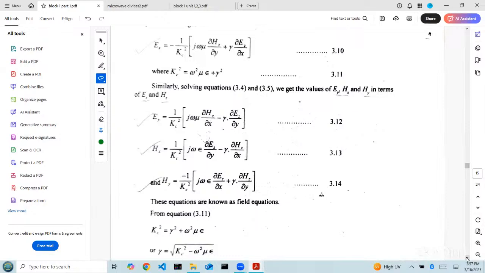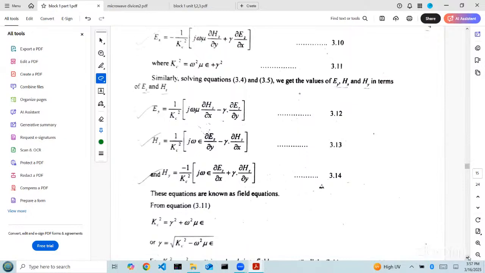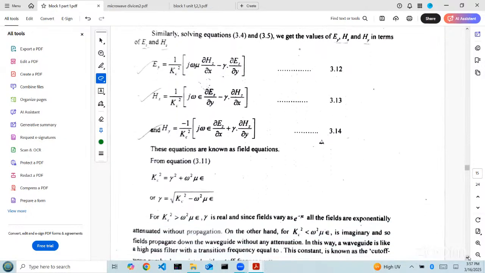Next, we have to calculate wavelengths, continuing. After calculating Ex, Ey, Hx, Hy in the derivation, we used one constant term, Kc. What is Kc square? Kc square equals gamma square plus omega square mu epsilon.